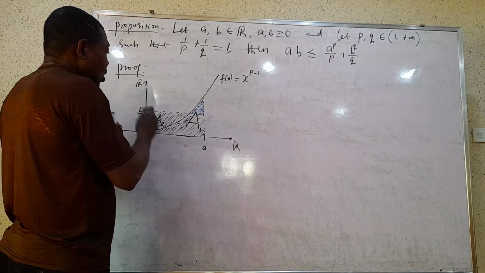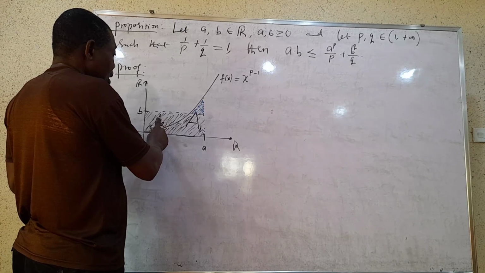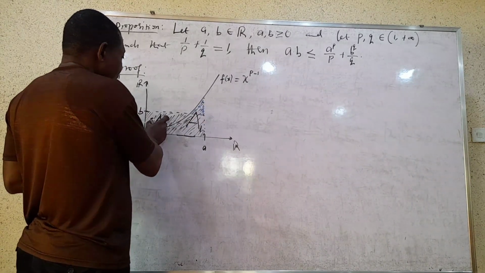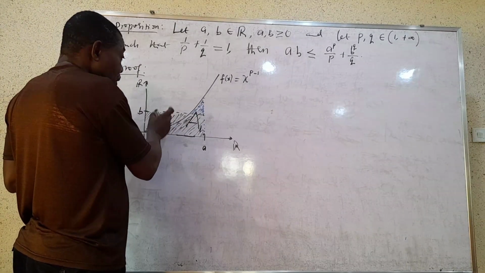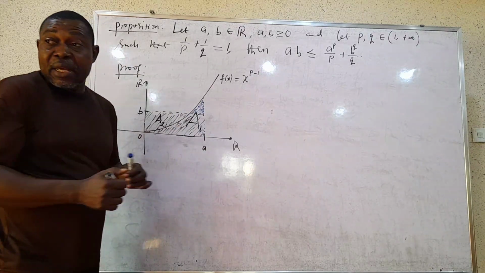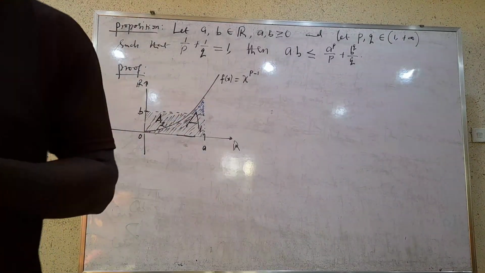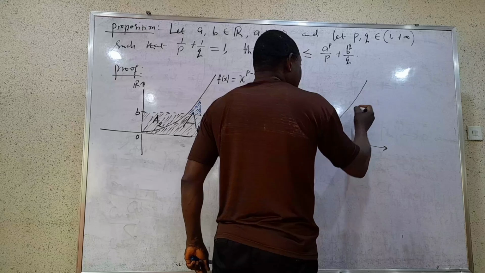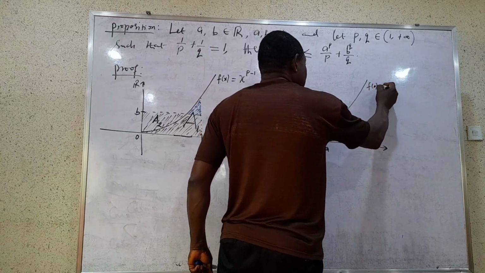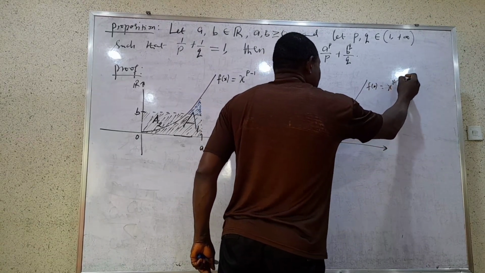And this means that if we sum the area under the curve and the area above the curve, then we shall get an area that is bigger or equal to the area of the rectangle. Still representing f of x equals x raised to the power p minus 1.